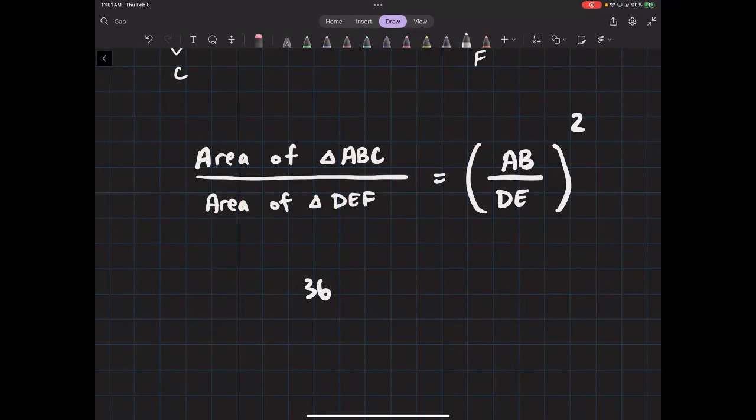Area of triangle DEF, that's what you're trying to find. From right here, you can use X. I'll just put capital A for area. And then AB was what? 10 over 5.